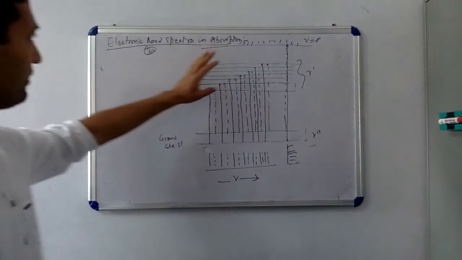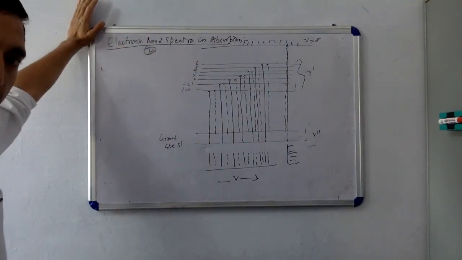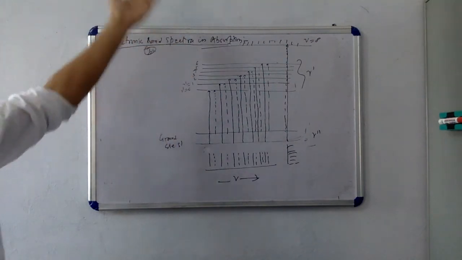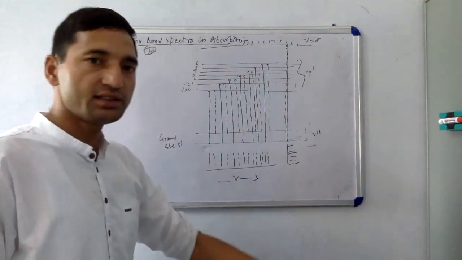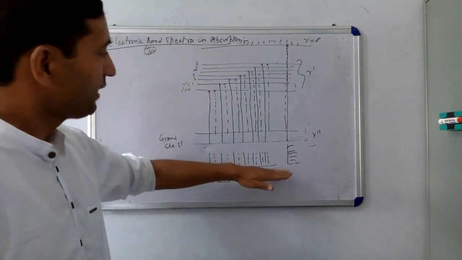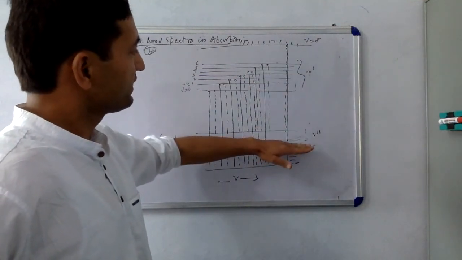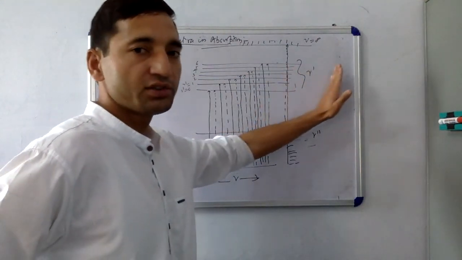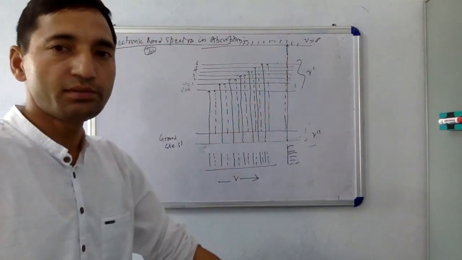Now, this electronic band spectrum in absorption is important because it involves a very simple mathematical computation and observational analysis. You can find out the dissociation energy of the molecule, because the separation between the discrete energy levels ends where it becomes continuous.